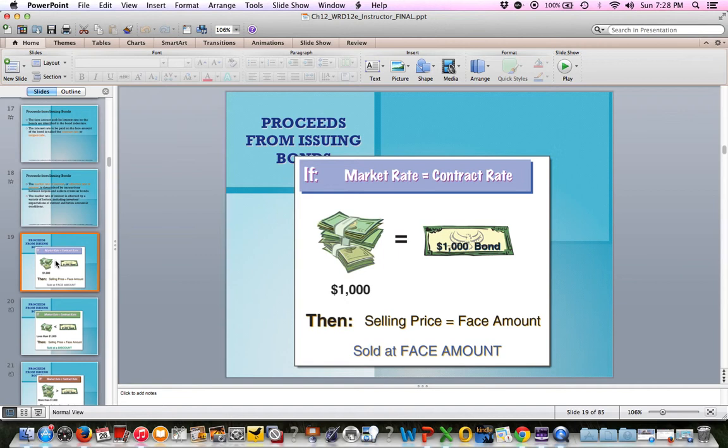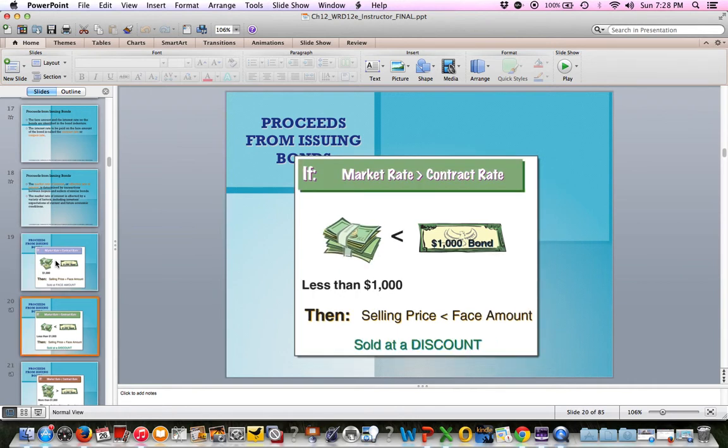If the two rates are the same, the bond will sell at its face amount. A $1,000 bond will sell at $1,000. Let's say the market rate and the stated rate are both 10%; the bond is worth its face amount. In the next example, if the selling price is less than the face amount, the bond will be sold at a discount.